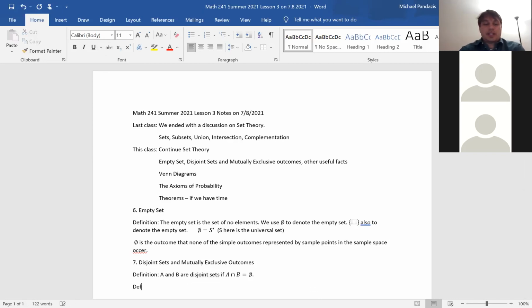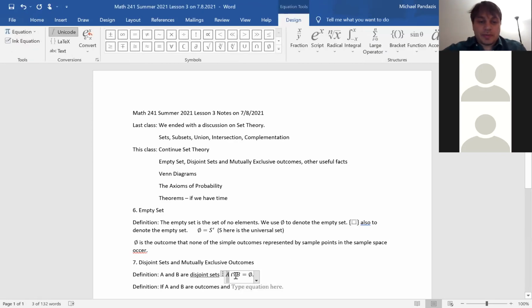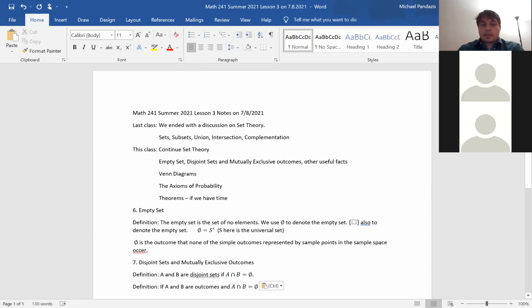Another definition. If A and B are outcomes and their intersection is empty, then they cannot occur simultaneously and are called mutually exclusive.